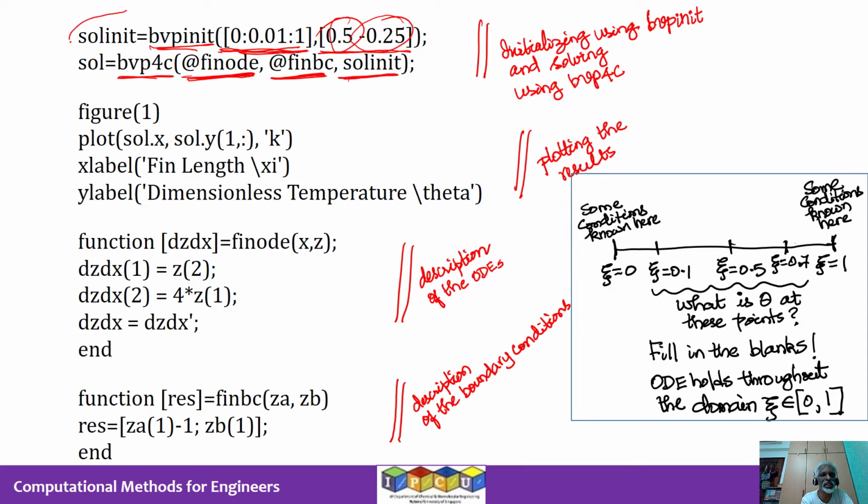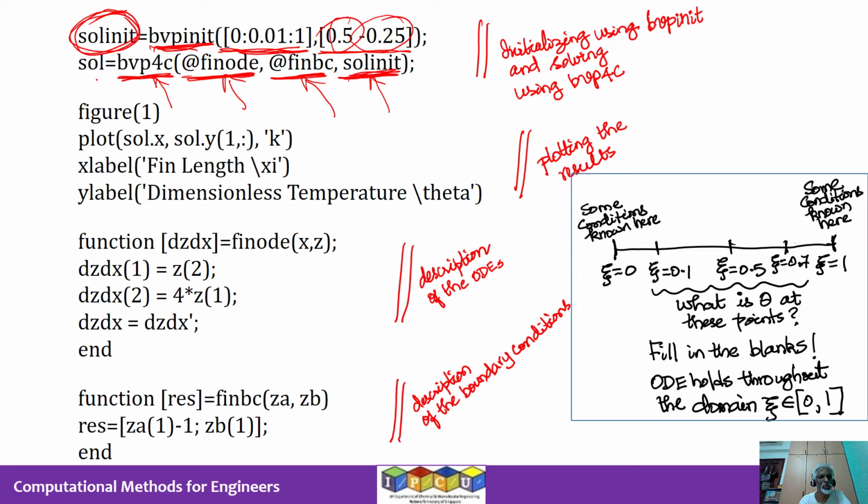That initial guess is this solinit, which is an output of the bvpinit function, and becomes an input to the bvp4c function. So bvp4c is a built-in function that solves the boundary value problem given the ordinary differential equations, the boundary conditions, and the initial guess.